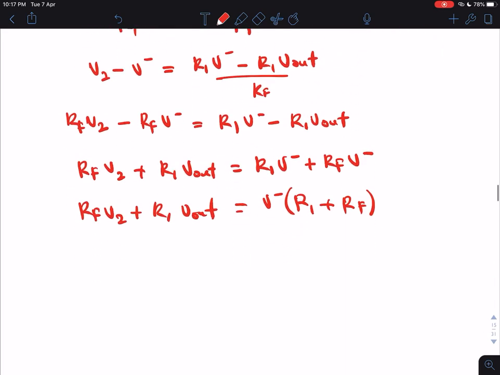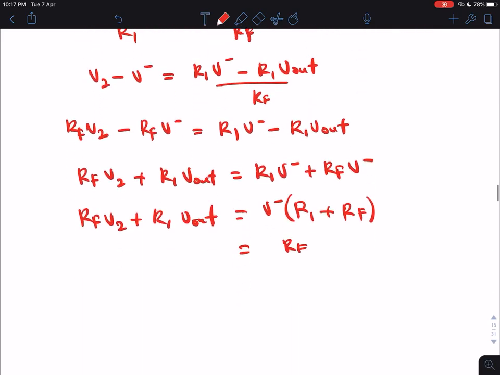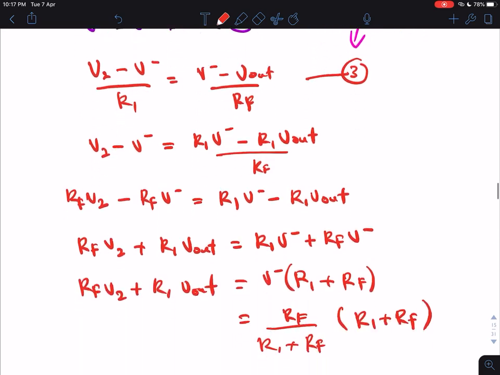So we put here RF over (R1 plus RF) multiplied by (R1 plus RF), and don't forget to put the V1.